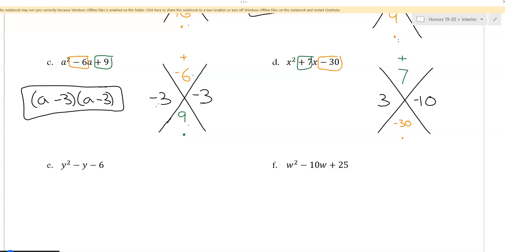All right, part E, y squared minus y minus 6. Again, there's a 1 in front of this y. So we have negative 1 is what we're adding to. Negative 6 is what we're multiplying to.